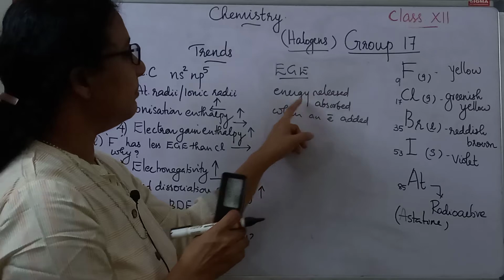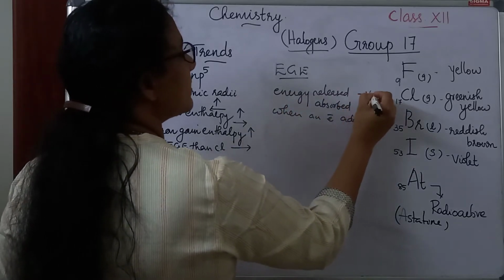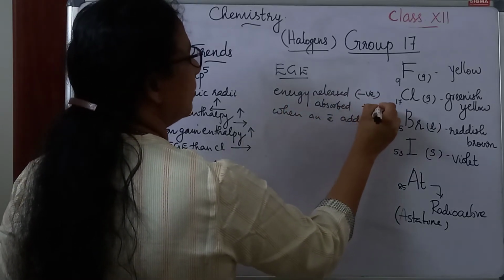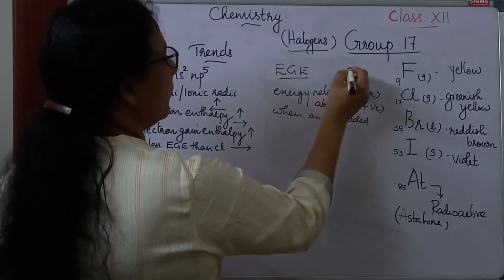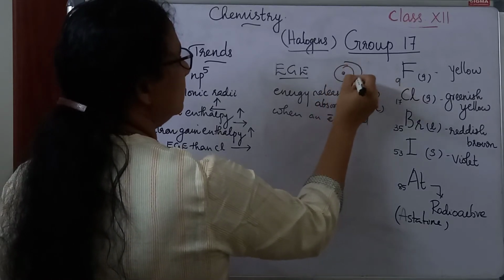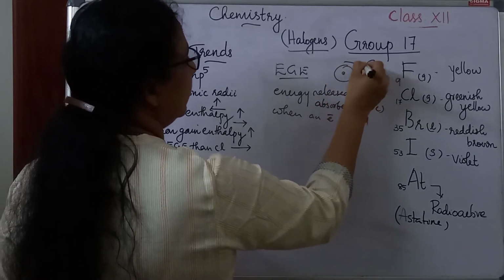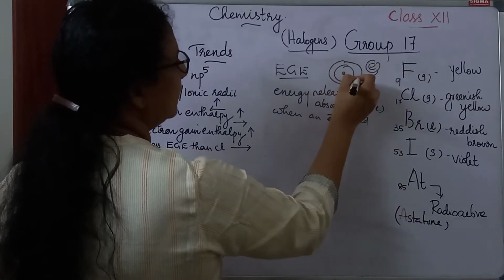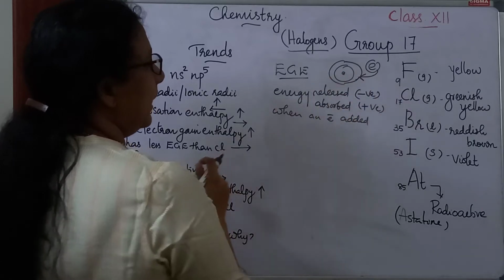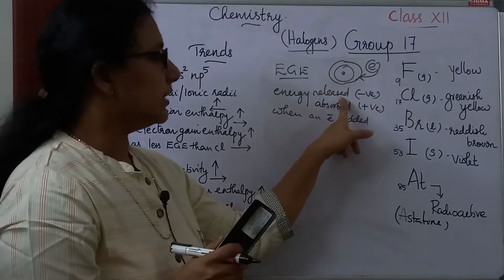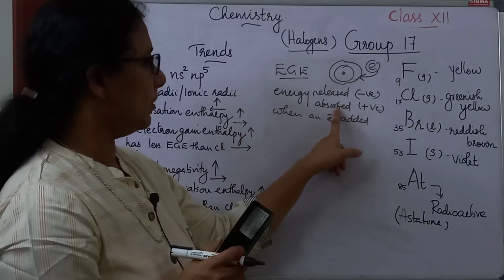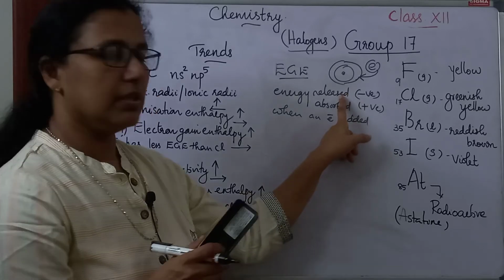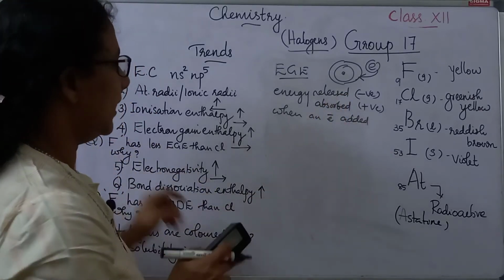If it is released, it will be a negative value. If it is absorbed, it will be a positive value. So that energy is known as electron gain enthalpy.